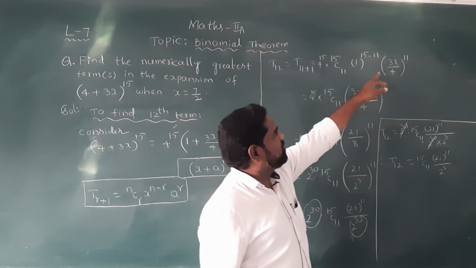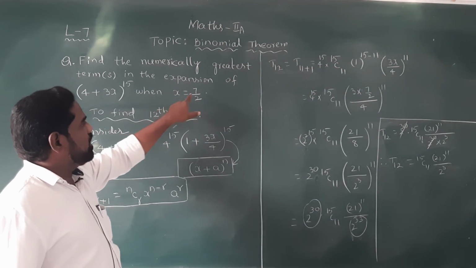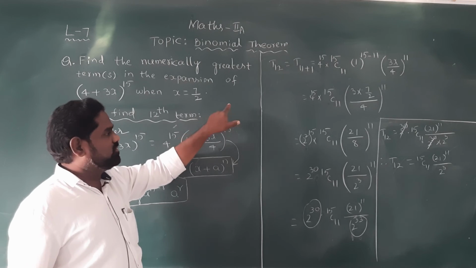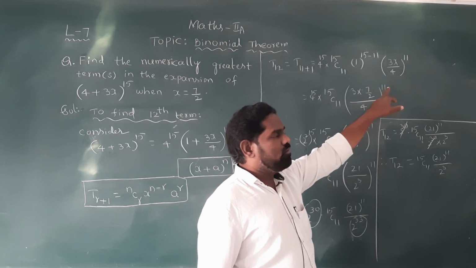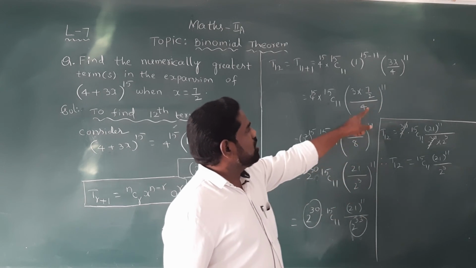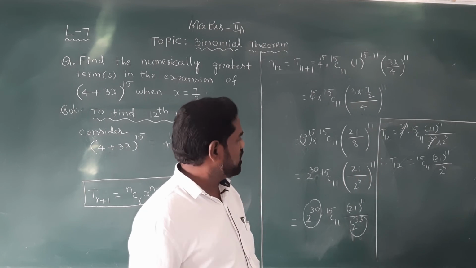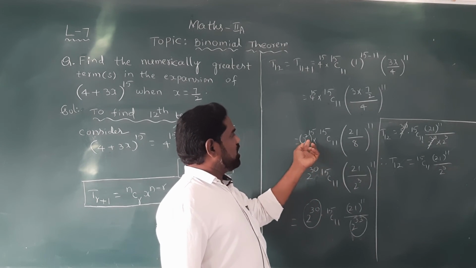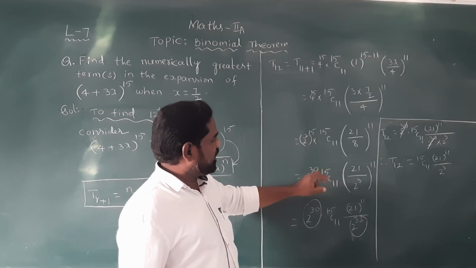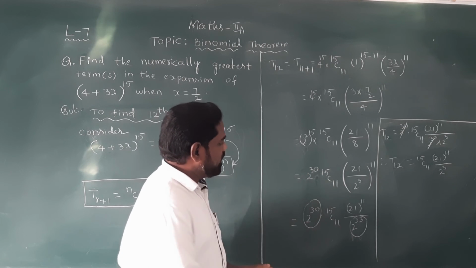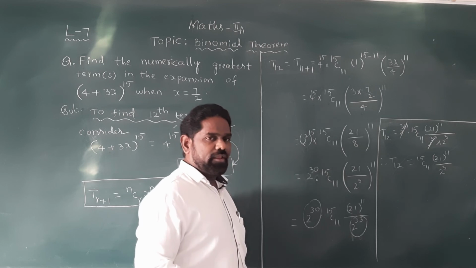Now, this is the simplification. What is given here? X equals how much is given? 7 by 2. Put here 7 by 2, whole by 4, whole power 11. This is 21 by 2 into 4, 21 by 8. Next, 2 power 2 whole power 15. So 2 power 30 into 15C11, 21 by 2 cube power 11.